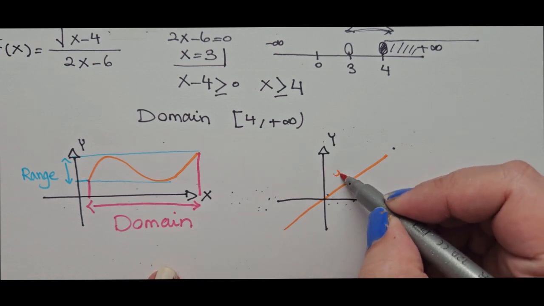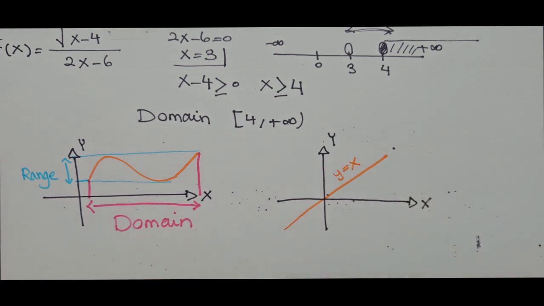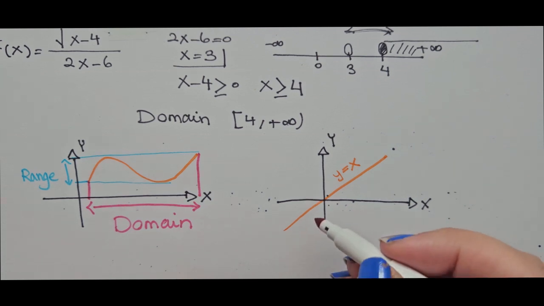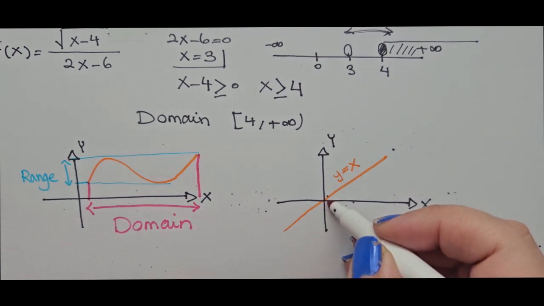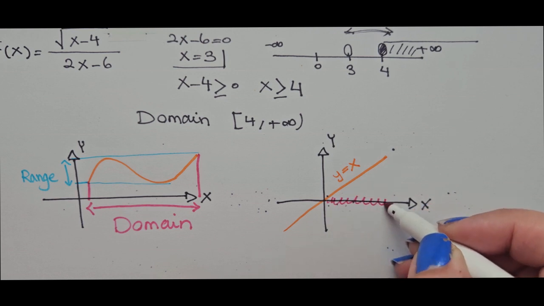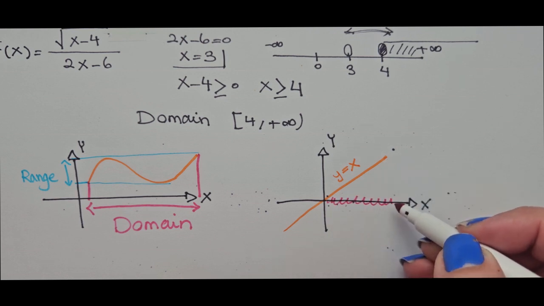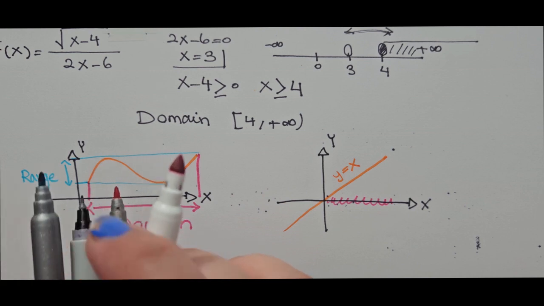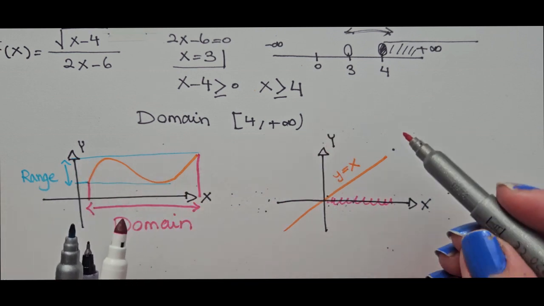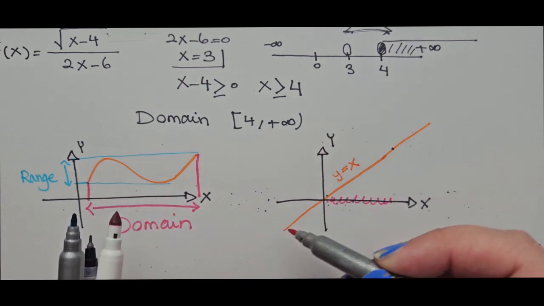So the function is y equals x. What is the domain and what is the range? Remember, guys, for the domain, we have to reflect it on the x-axis. So it starts from here all the way to, should I stop here or continue? For sure we have to continue, because you know that this line goes to infinity.